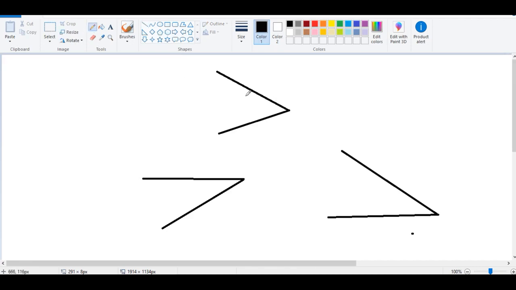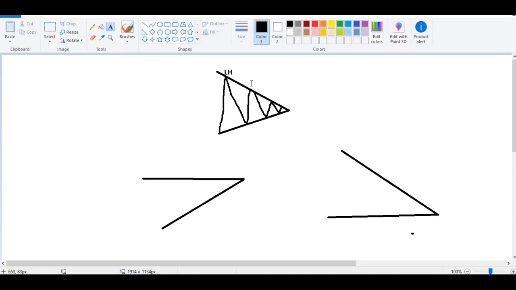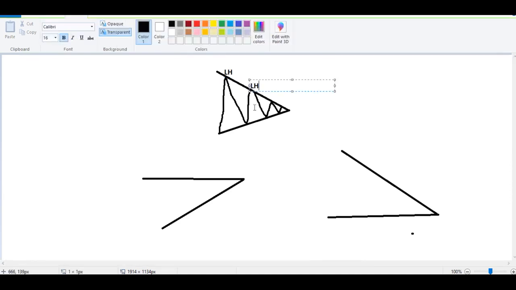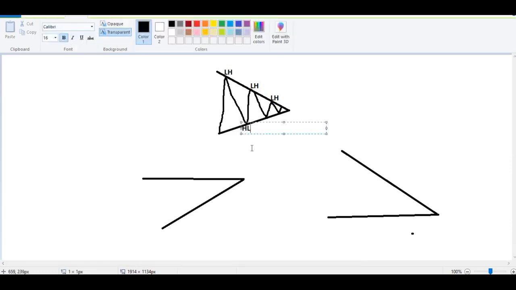In a symmetrical triangle, price moves in a symmetrical manner. Meaning, what it's essentially doing is it is making lower highs and higher lows.